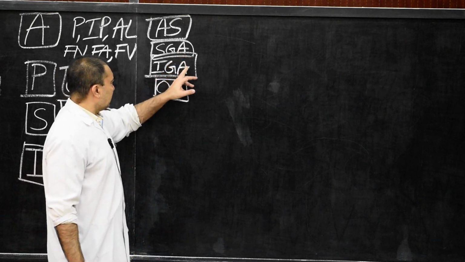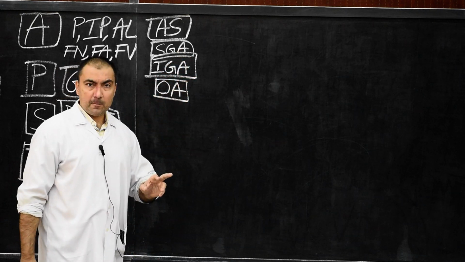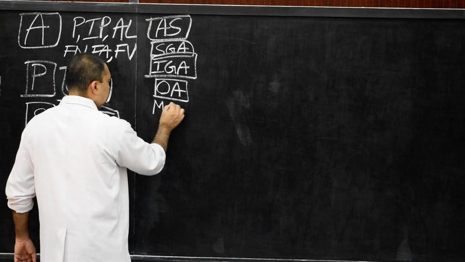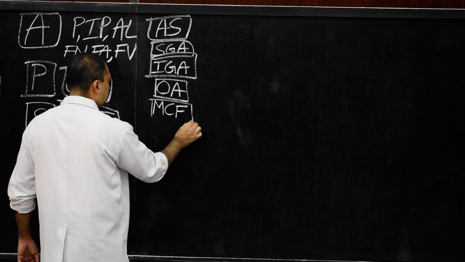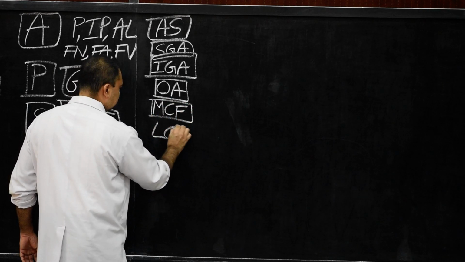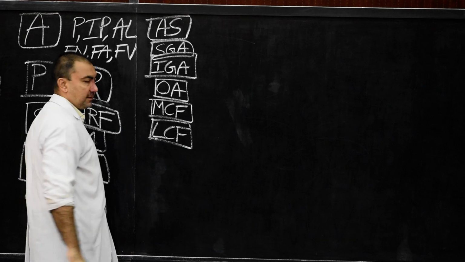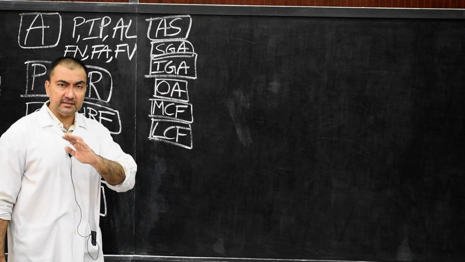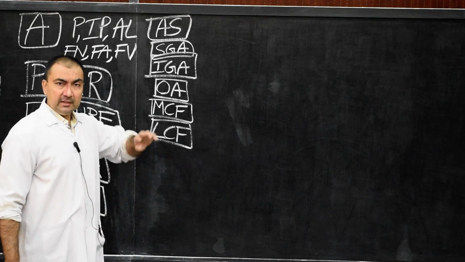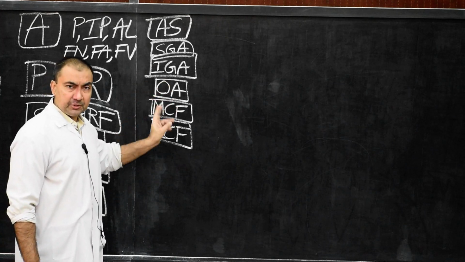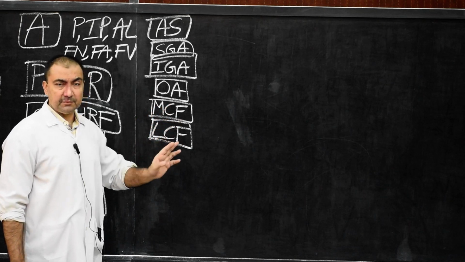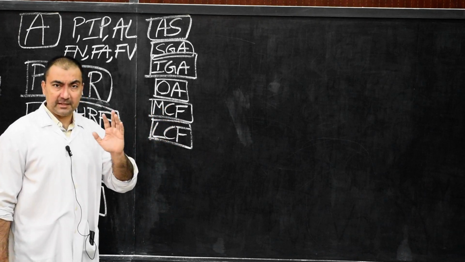So superior gluteal artery, inferior gluteal artery, obturator artery. Anteriorly, in the front, there will be medial circumflex femoral artery, lateral circumflex femoral artery. These are the 5 arteries which will supply the hip joint. Very easy to understand, very simple to remember. 5 arteries which supply hip joint.